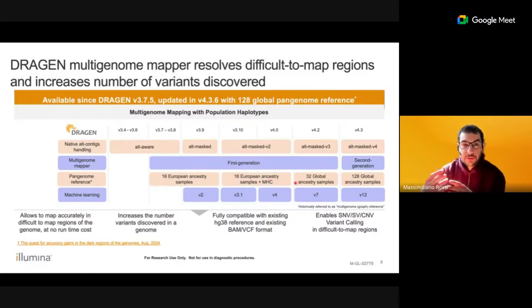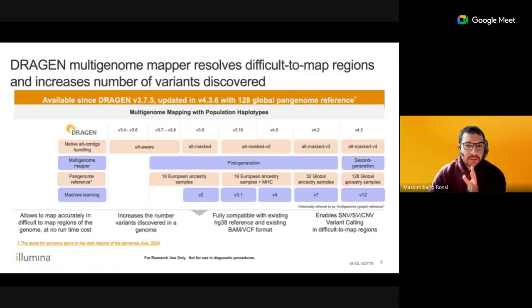And in version 4.2, the pan-genome reference this time was expanded to 32 samples. And we also expanded the ancestry of those samples from European to global ancestry samples. So we tried to cover more and more genetic diversity.